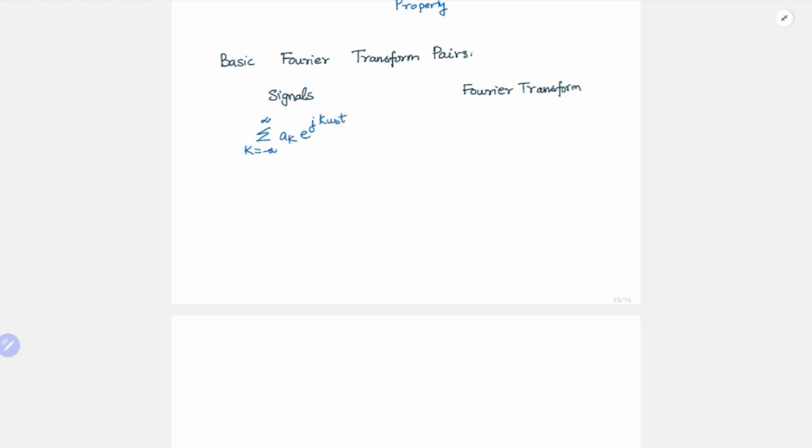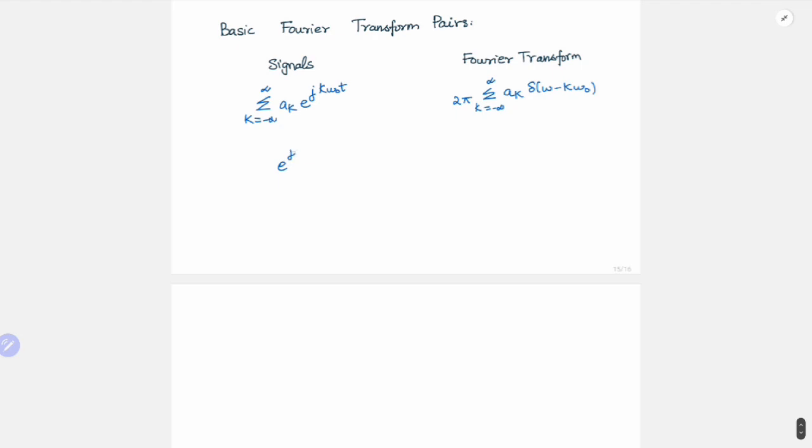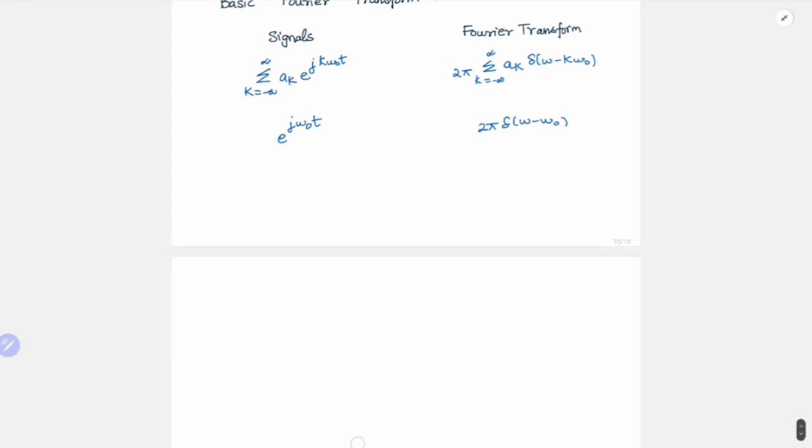So we already saw the Fourier transform pair for this, which is nothing but 2 pi sum over k equal to minus infinity to infinity a k delta of omega minus k omega naught, right? And what about the single complex exponential? It is nothing but 2 pi delta of omega minus omega naught, because there is only that omega naught term coming here, right?